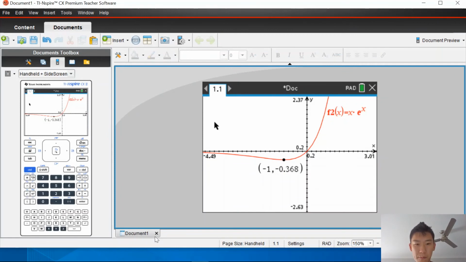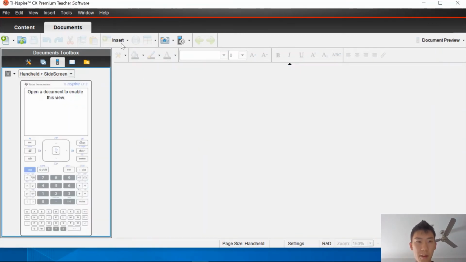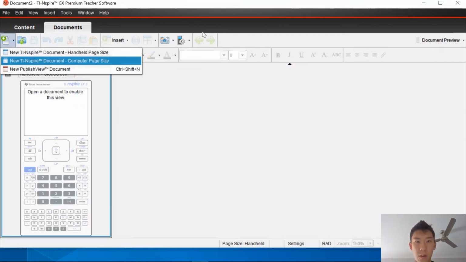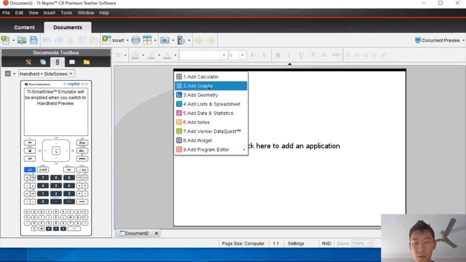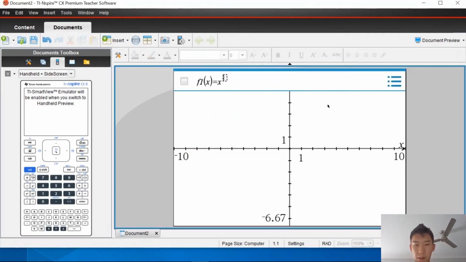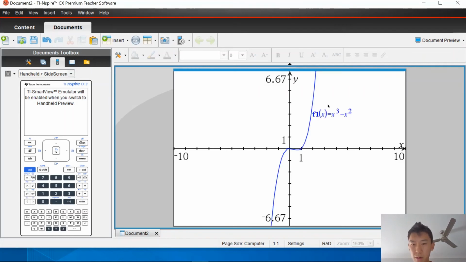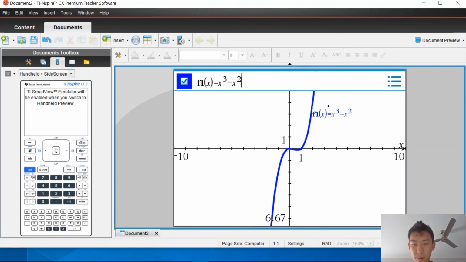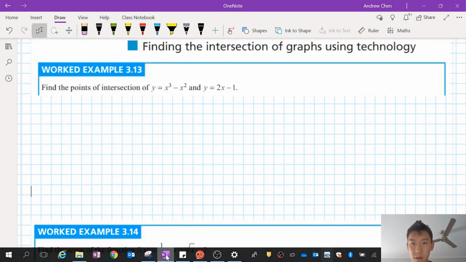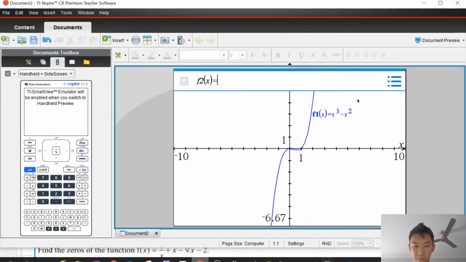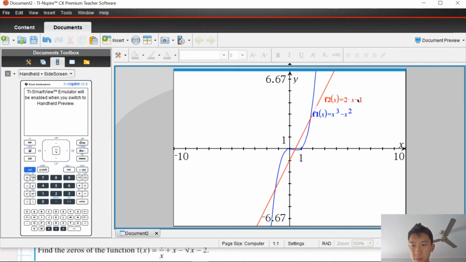Let's just open a new document, graph. Okay, so we have x cubed take x squared, graph that. And then we also have, what was it? 2x take 1. Okay, there we go.